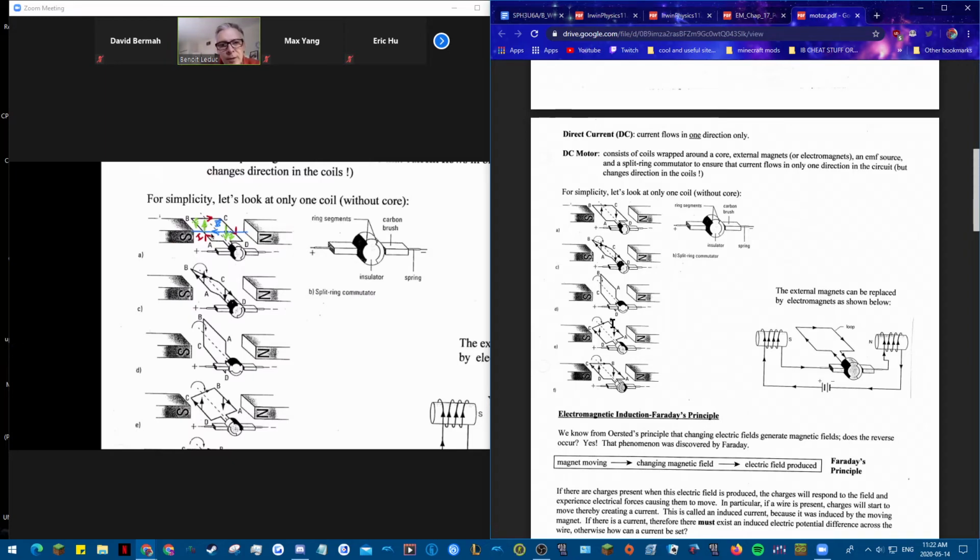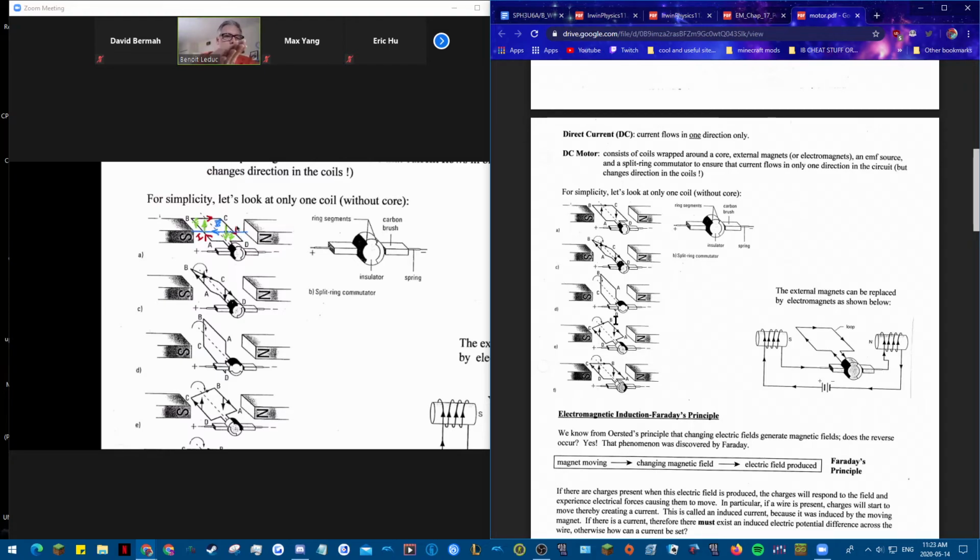Now notice here that if the current in the coil did not change direction, when AB is on the other side, the current will still be going this way. The current is still going A to B, so the force will still be up.